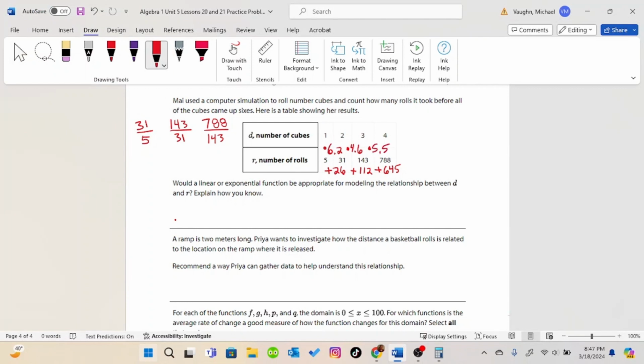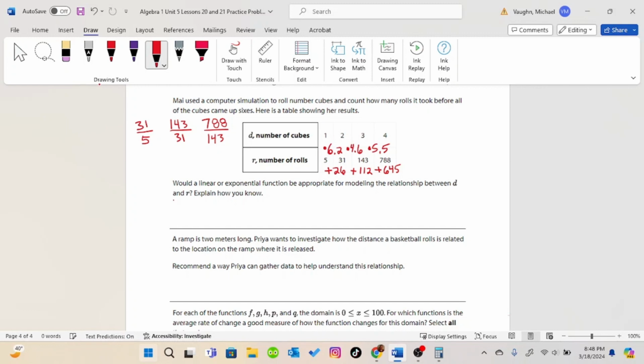So neither function is perfect. We're clearly not adding the same amount each time, and we're clearly not multiplying by the same amount each time. But we are much closer to multiplying by the same factor than we are to adding the same amount each time.